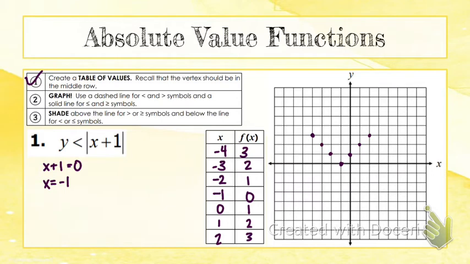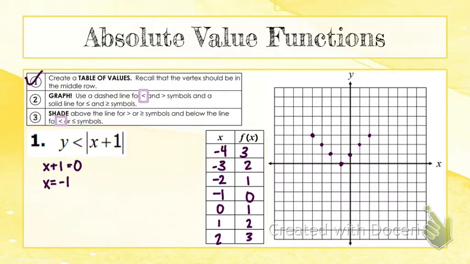Okay, but now whenever we look here, we have a less than symbol, not equal to and not greater than. So our less than symbol is found right here and right here. So that's going to tell us how to continue drawing our graph. So it says to use a dashed line for less than.